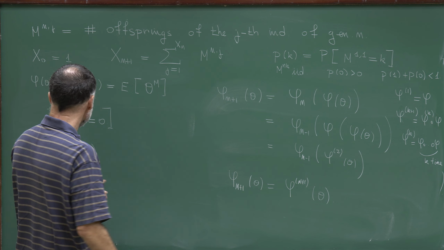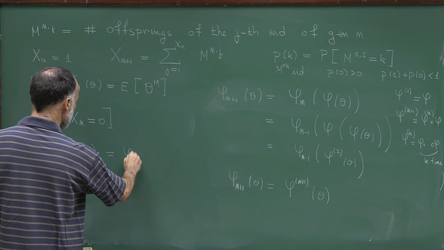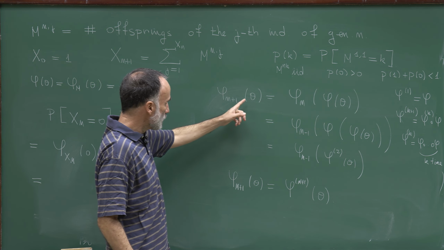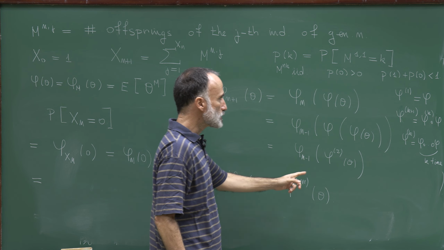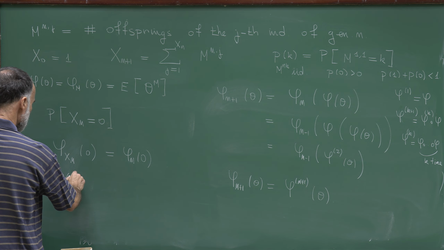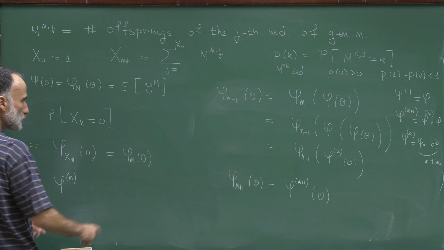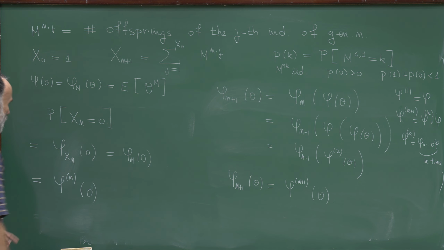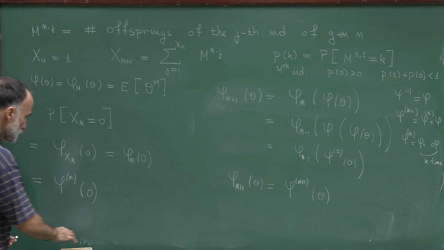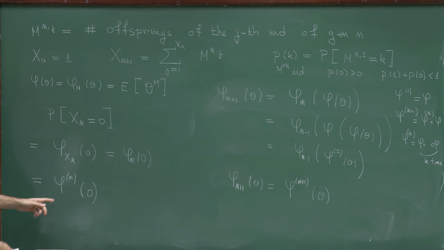This is what we called phi n of 0, and we just proved that phi n of theta is actually the composition of phi with itself n times, which has been represented by phi n this way, computed at 0. So actually, if you want to study the probability that xn is equal to 0, what we need is to consider the moment generating function phi of m, compose it with itself n times, and compute the value of this iterate at 0.